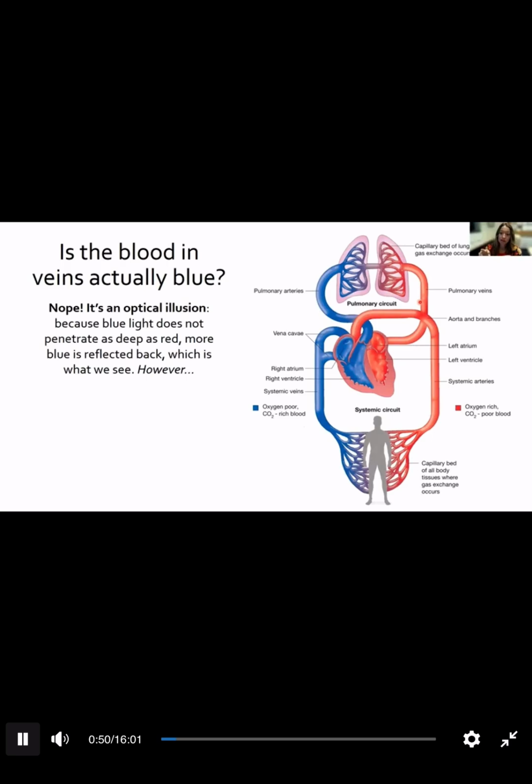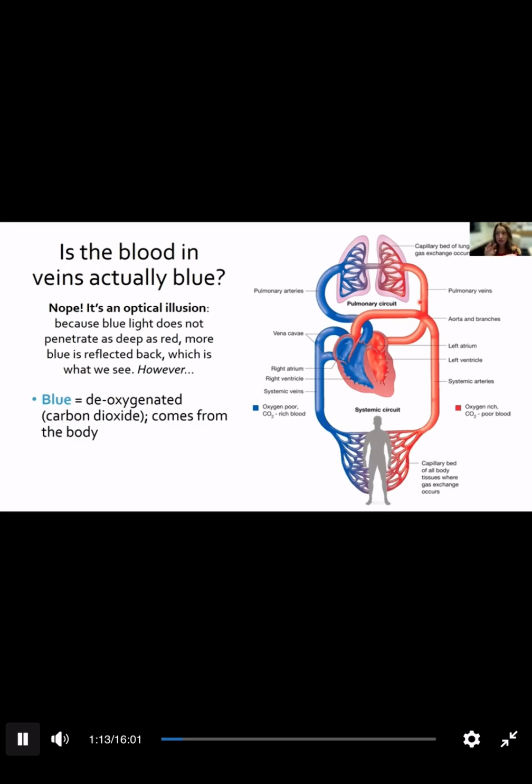This is not because there's blue blood and there's red blood. All blood is red. It becomes more red if it's oxygenated, and we'll talk about that in the blood section next.